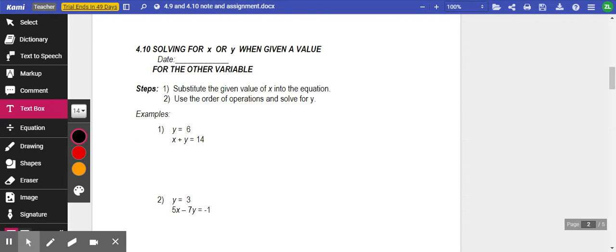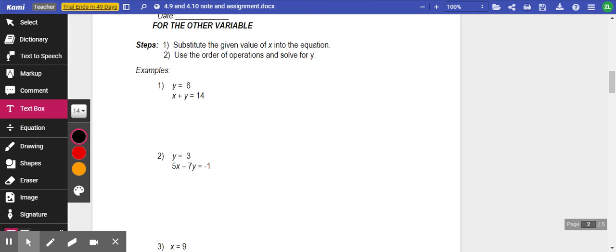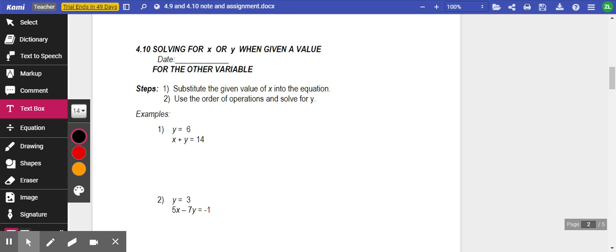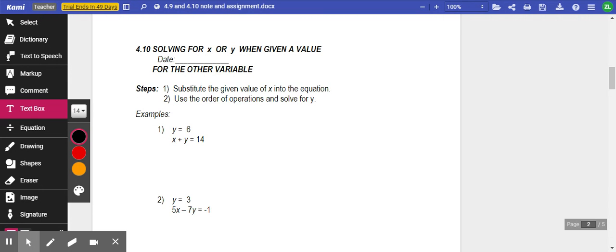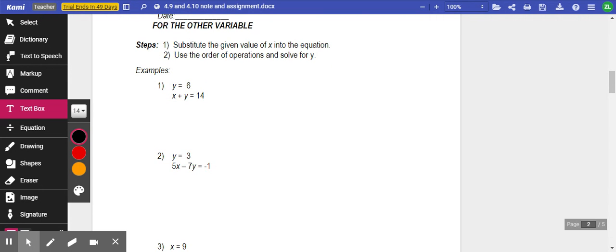Once again, all we're doing is taking x or y and putting it into the other equation. It says substitute the given value of x. Sometimes it will give us the value of y, and we just have to figure out the other.